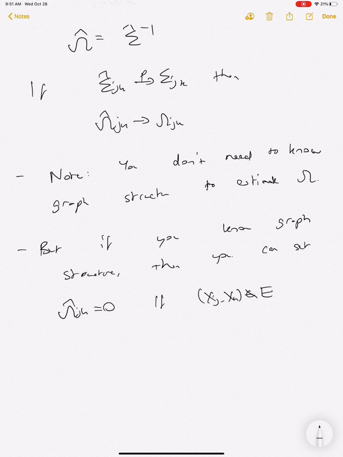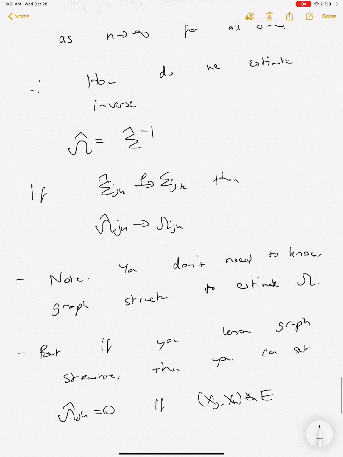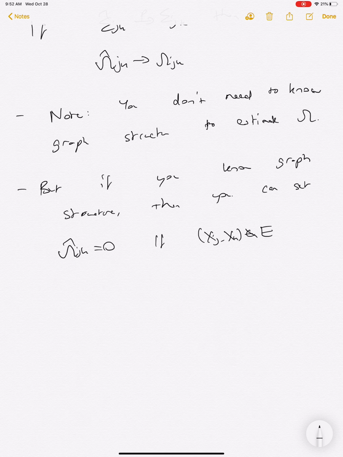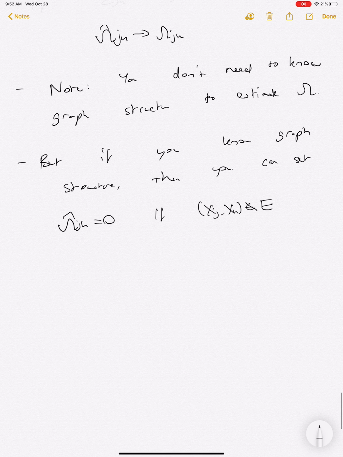For the multivariate normal, we know that the graph structure is encoded through the inverse covariance matrix. And so if you parameterize your graph by the inverse covariance matrix, then you can estimate the covariance matrix first, and then take the inverse to get the inverse covariance matrix. Okay, that's a very useful concept. And so that's how we do parameter estimation.